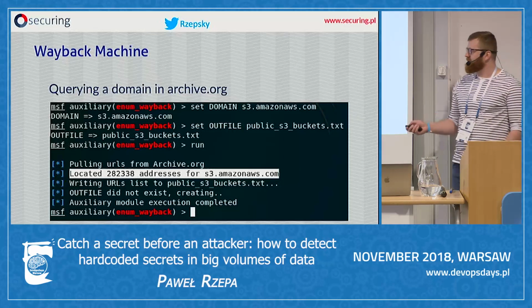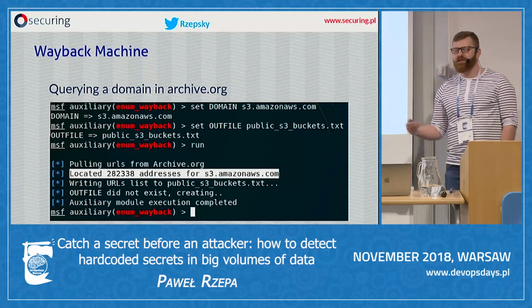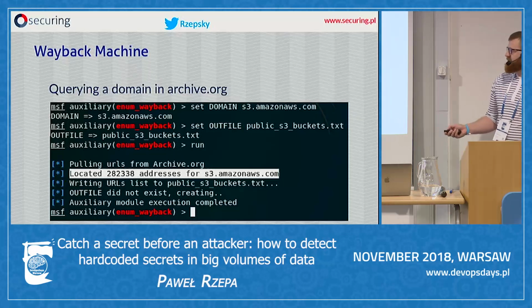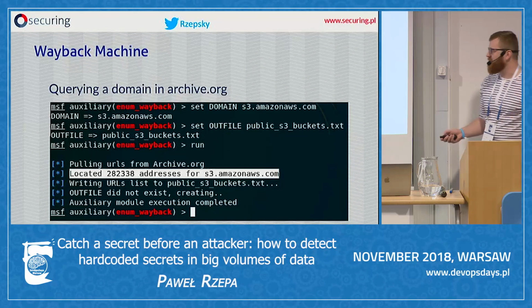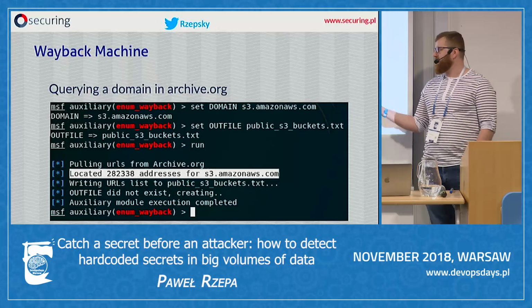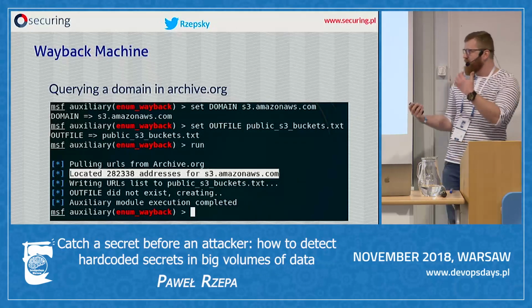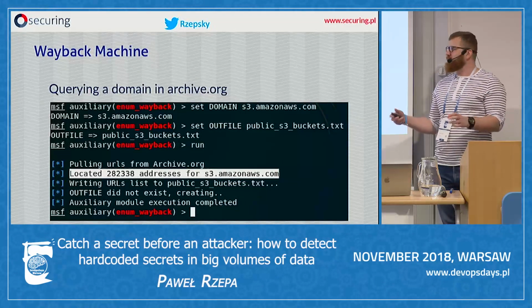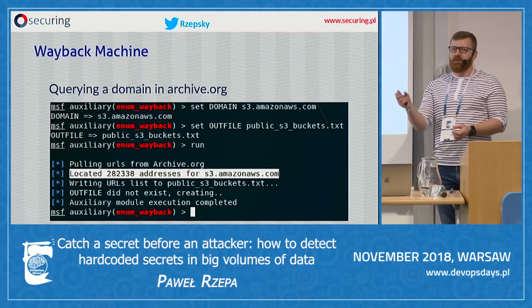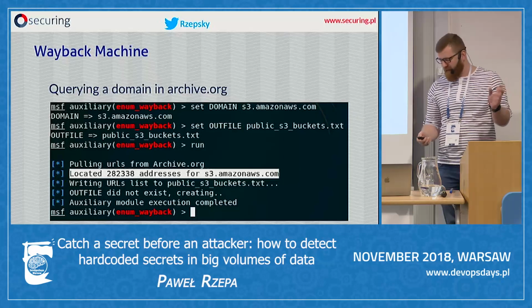In Metasploit, which is the framework for offensive security, there is a module called enum_wayback, so you can just specify the domain, and it will give you in the output all the domains and all the files, and obviously you can just cut the file name and you have the bucket.